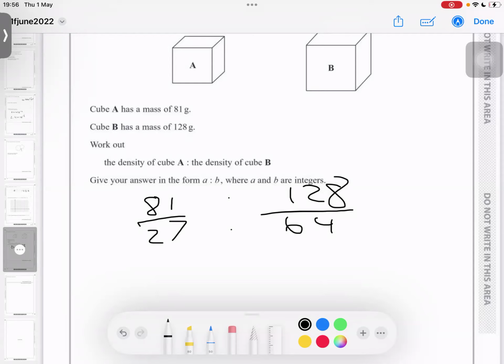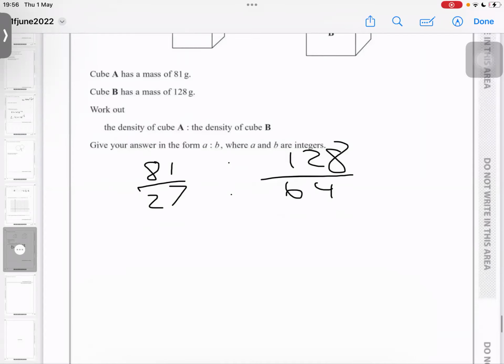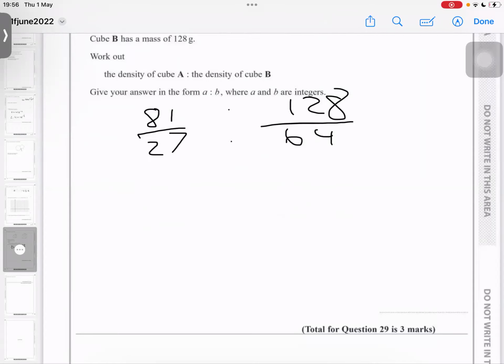Can you do that? How will I solve this with the calculator? Don't worry. Let's write that down first. We'll see how things are going to cancel out.